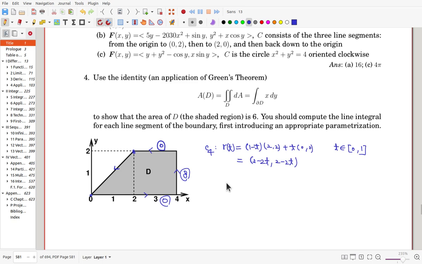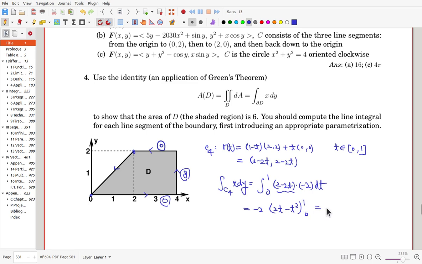So now the integral on C4 of x dy: t is moving from 0 to 1, x is 2 minus 2t, and dy is y prime, which is minus 2, dt. So minus 2 comes out, and the antiderivative of this one is 2t minus t squared, and we are evaluating from 0 to 1.